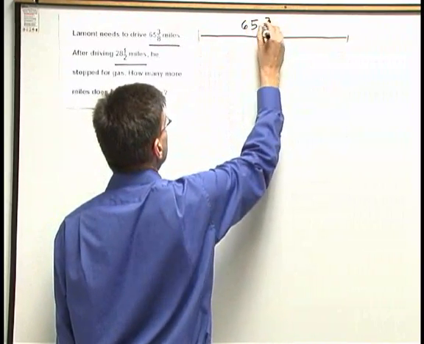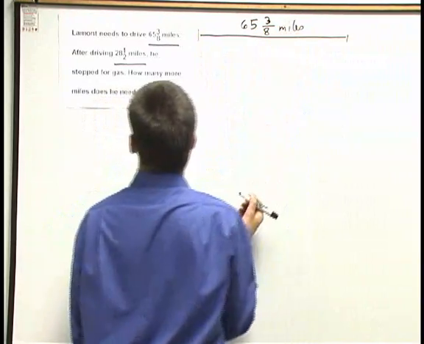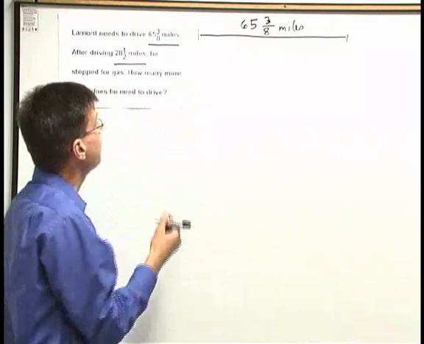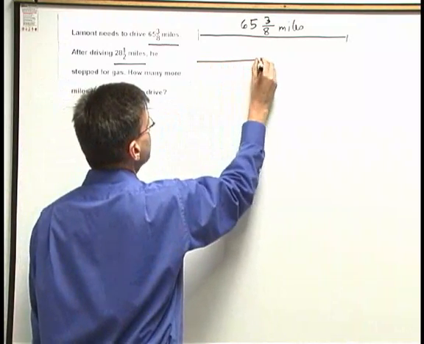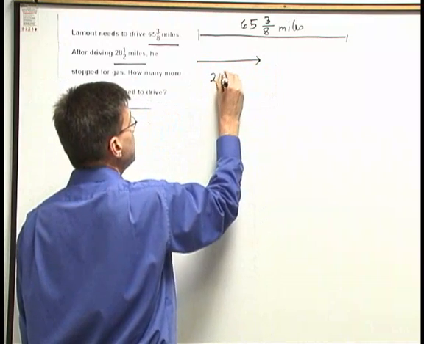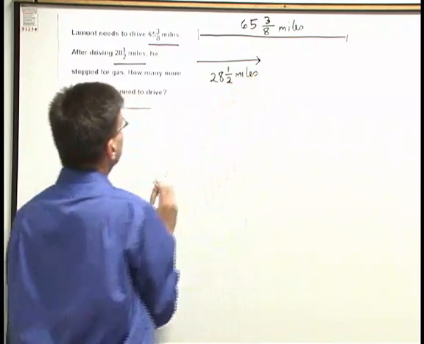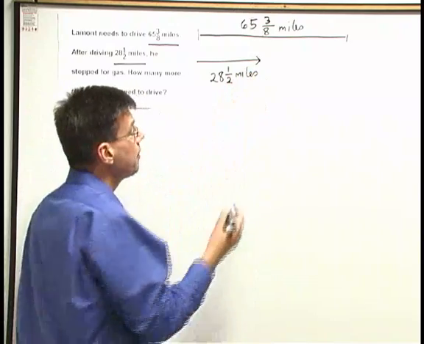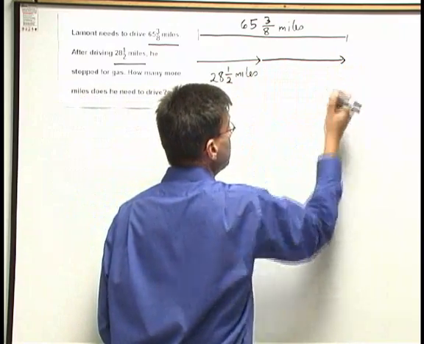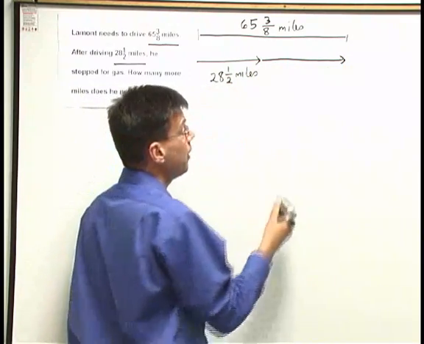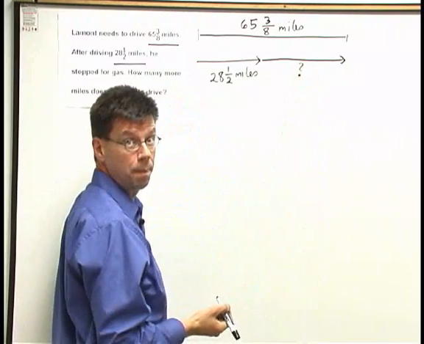He started out driving 28 1/2 miles. In this problem, we want to figure out how many more miles he had to drive to complete his trip. We want to find this distance here.